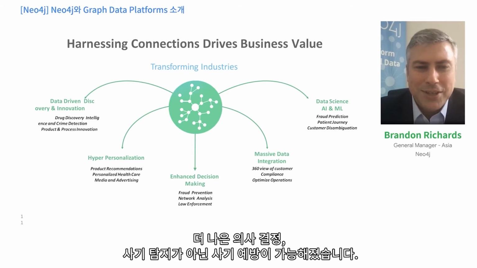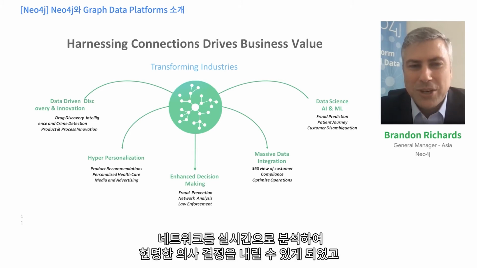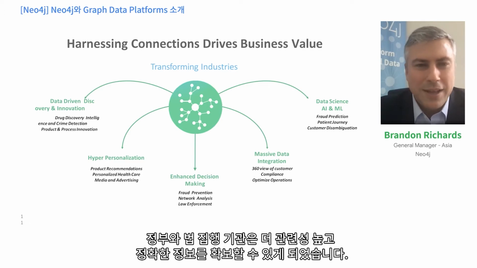We can start to do fraud prevention instead of fraud detection. We can start analyzing our networks in real time and making better decisions, or for government and law enforcement, they can have better, more relevant information at their fingertips.